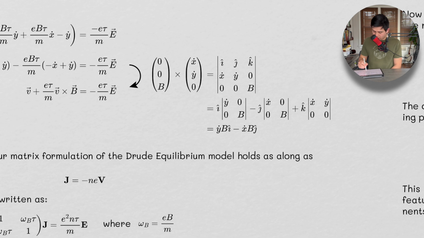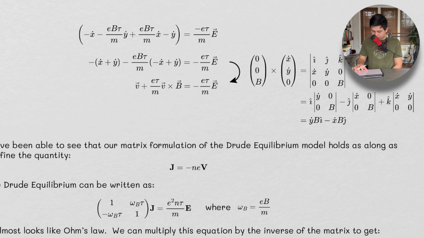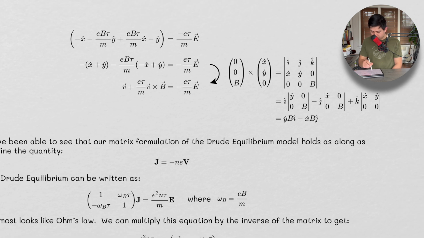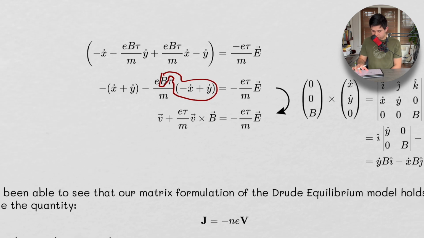But we could see negative x, positive y, negative x, positive y. So this is actually the cross product with the b vector, right? So this b, along with this, that's just a cross product between the two vectors. So I'll highlight this just to make sure it's clear. This bit right here, that's just a cross product.